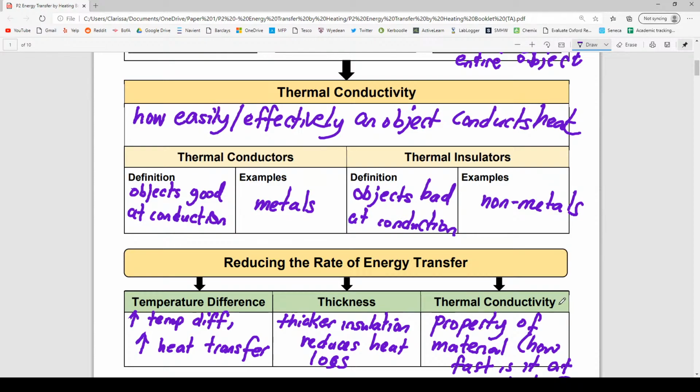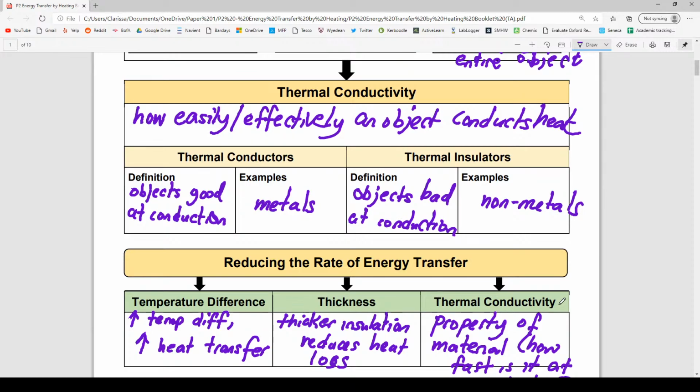The ones that are really good at it, we call conductors. The ones that are quite bad at it, we call insulators. And depending on the end result that we want, we might choose conductors, we might choose insulators. All depends on what product we have. And if we want to reduce heat loss, we can think of reducing heat loss in different ways.